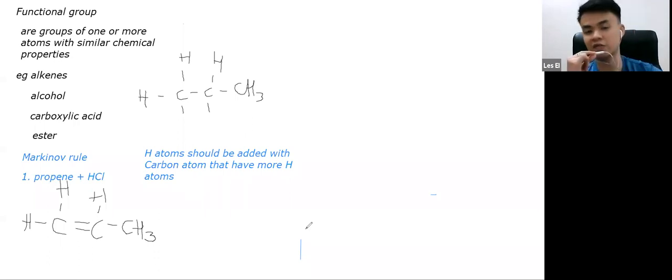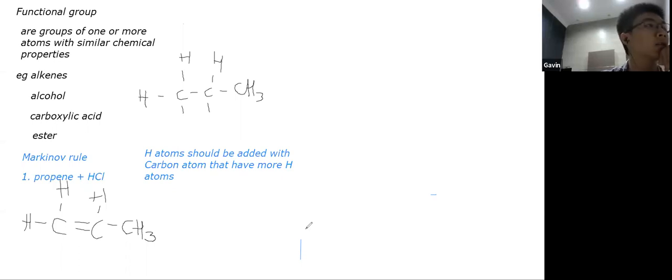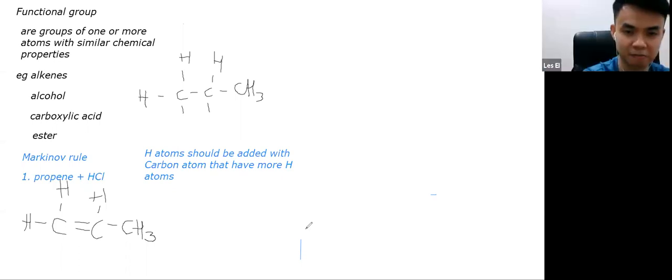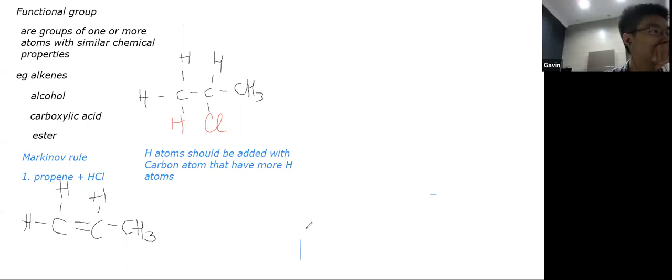If I say the left one, do you understand? The leftmost C is attached to two hydrogen atoms, while the middle C is only attached to one hydrogen atom. So the right one can just be ignored.